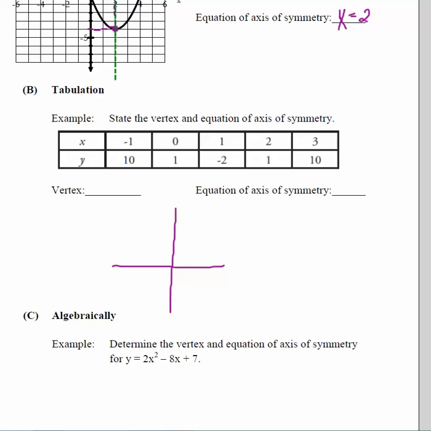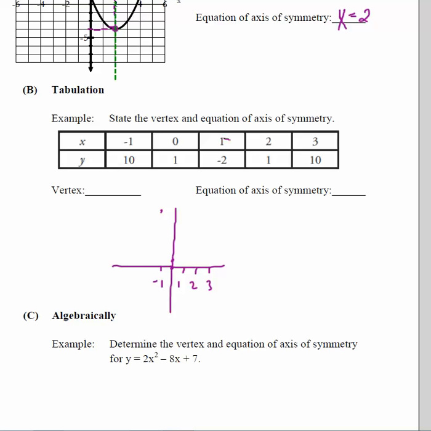So now my x values are negative 1, 0, 1, 2, 3. Y values: when x is negative 1, the y value is 10. When the x value is 0, the y value is 1.